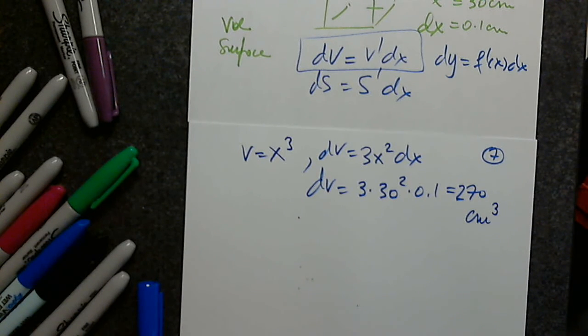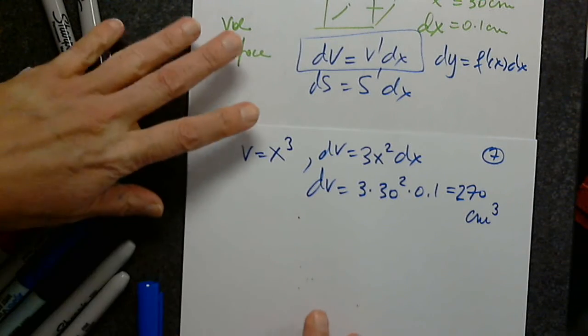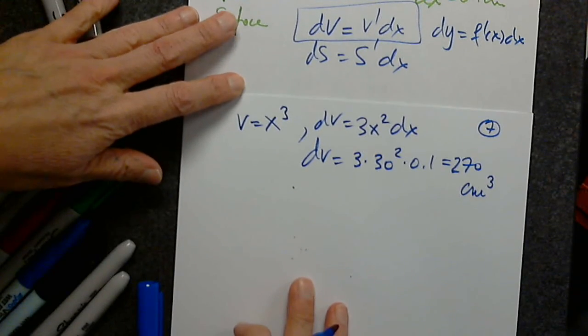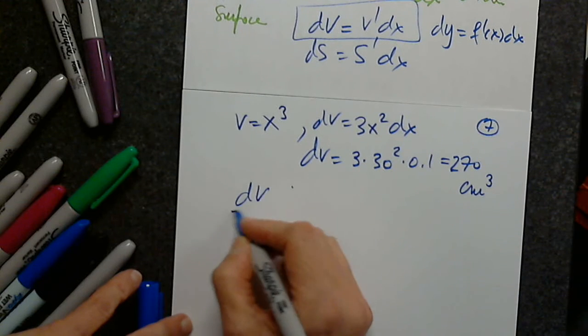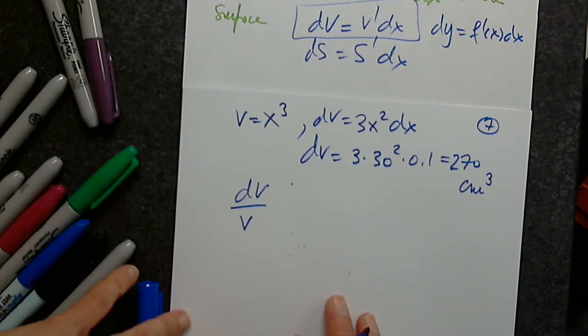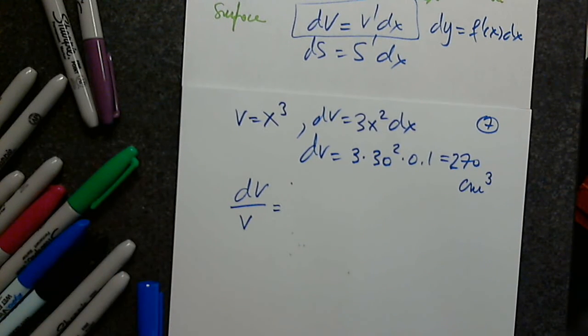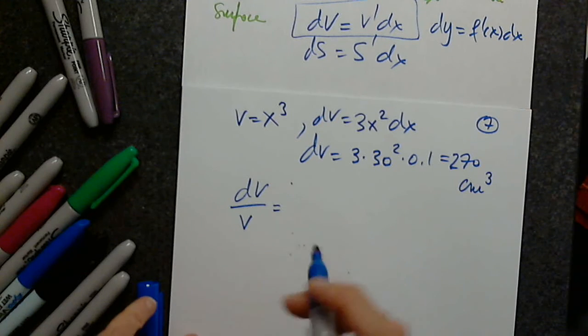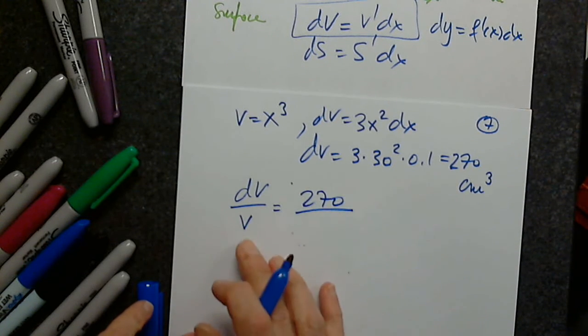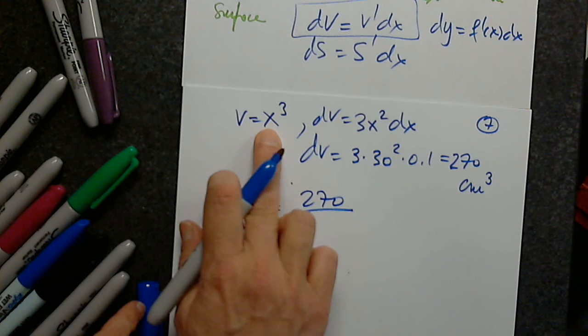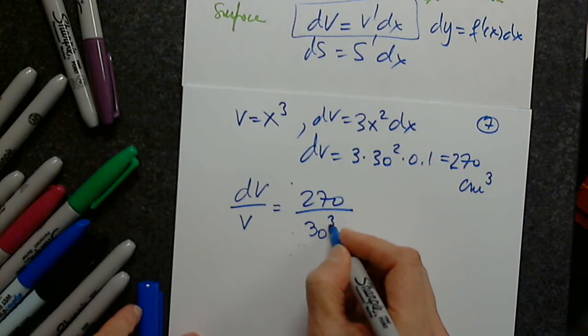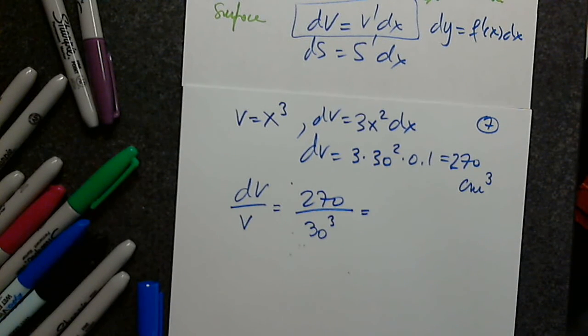So those are for the volume, right? Yes. So the volume is always cubed, correct? Yes. Now we're asked to find the relative error and the percentage error. So dV over V will be 270 divided by the volume, which is 30 cubed. And that will be the relative error, and the relative error has no measurement unit.